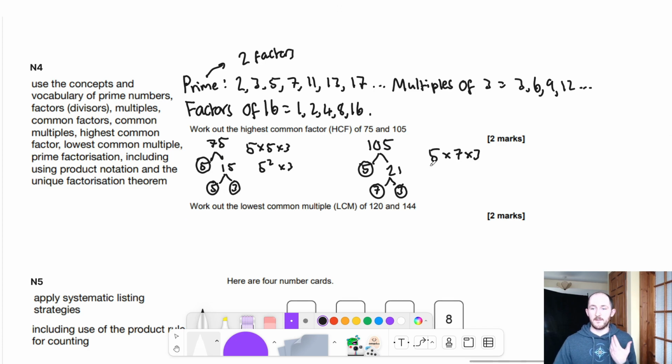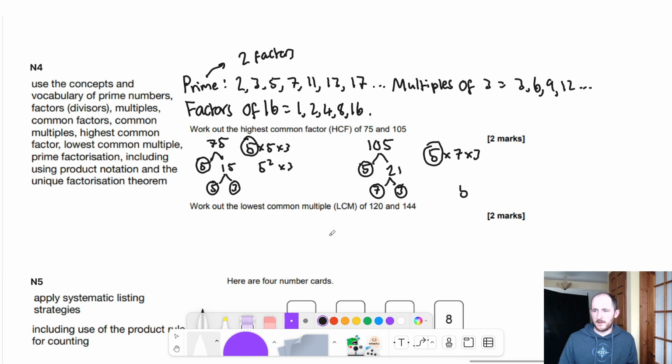So the question is, how do I work out the highest common factor? So the biggest number that goes into 75 and 105. Well, now all you need to do, and bear in mind, lowest common multiple and highest common factor are very similar, but they're different. Okay? All you do is you highlight the numbers that are common. So I have a 5 here, a 5 here.